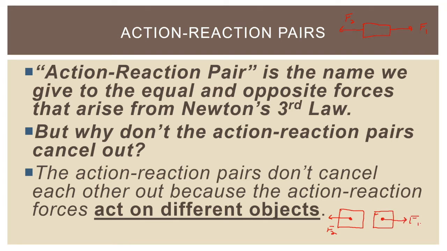Because you cannot add forces with the signs for two separate objects. When you sum forces together using any of those equations, you have to talk about the forces that are acting on each object in particular.